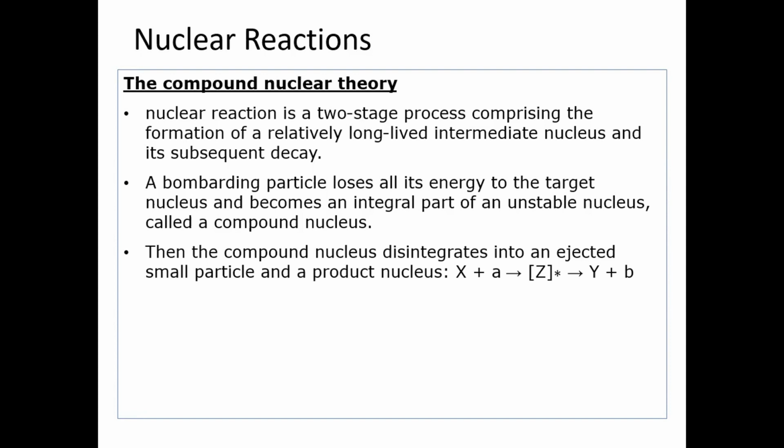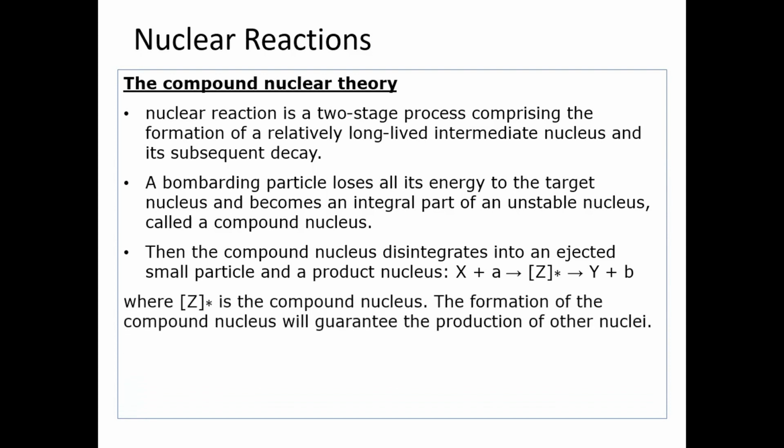So if we have X, the target nucleus, and A is the particle beam hitting this nucleus, then we produce Z star, something which is unstable, and then it is converted into Y, a relatively stable nucleus, and B, the small particle which is ejected and goes away.